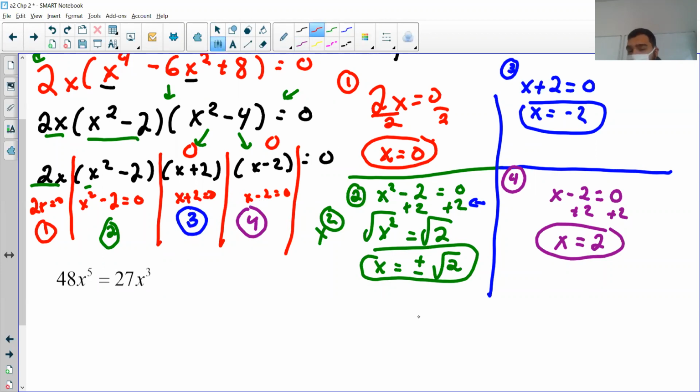If I were to line up all my answers, it'd be 0, plus root 2, negative root 2. We have a positive 2 over here in purple and negative 2 over here. This would be all your answers. Yeah, it's all these numbers.